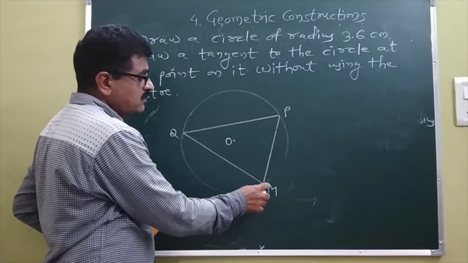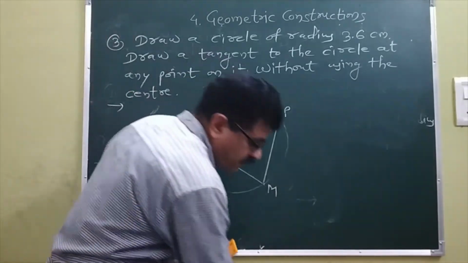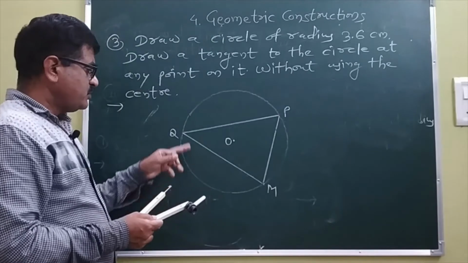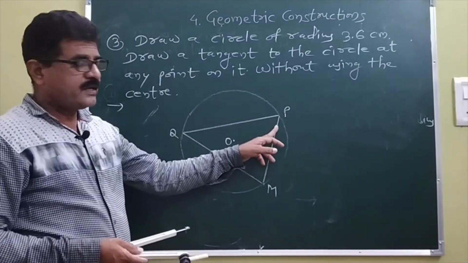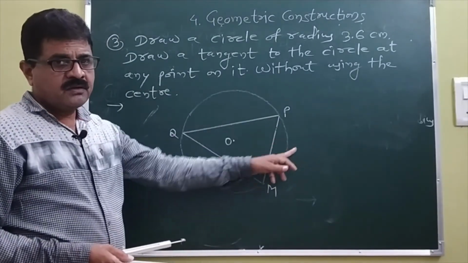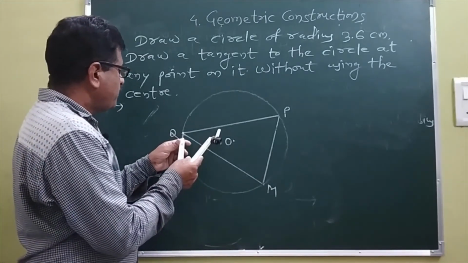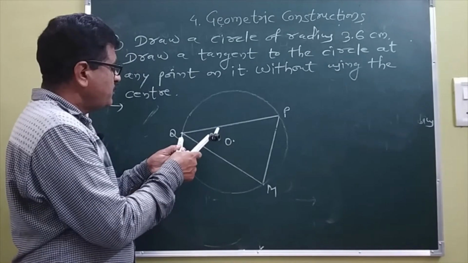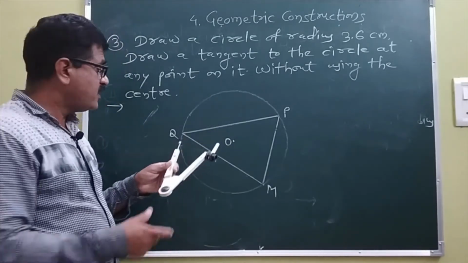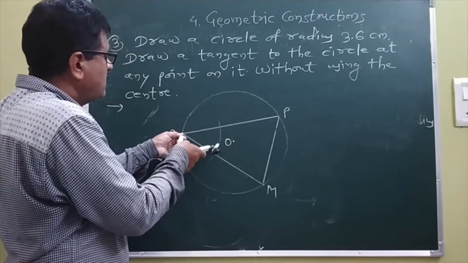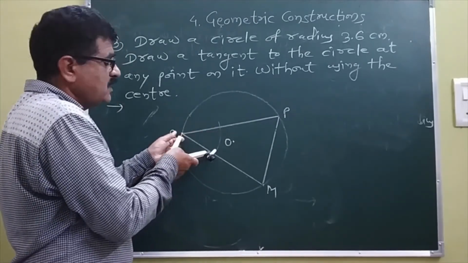Now we have to draw a tangent at point M. By using this angle, we can draw a tangent passing through point M. First, keep one point of the compass at point Q and draw arcs like this on both sides.